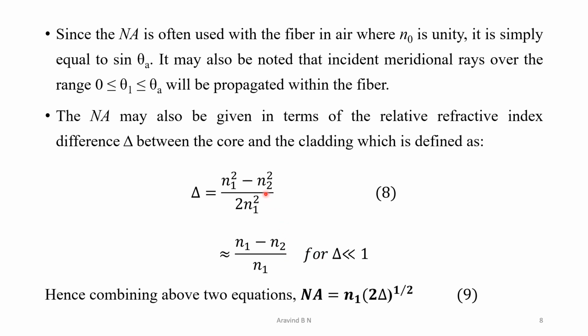Now combining these expressions, we can write the numerical aperture as n1 into (2 delta) to the power of half.